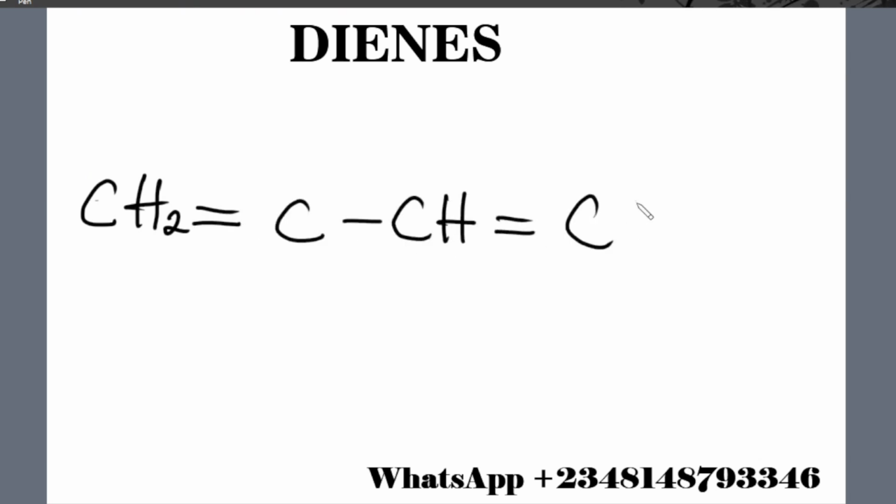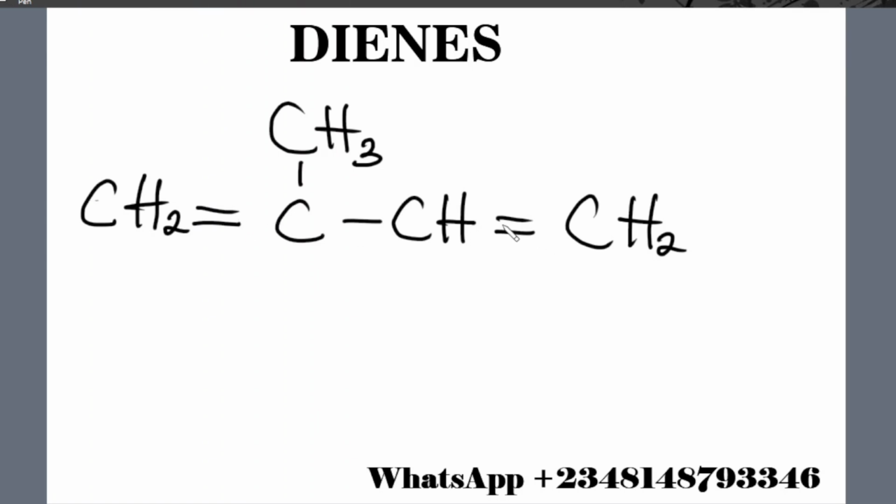Now, let's take another example still on conjugated diene. We have CH2 double bond, C single bond, CH double bond, CH2, and then CH3. We have a double bond here, a single bond, and another double bond. So there is a single bond between these two double bonds.